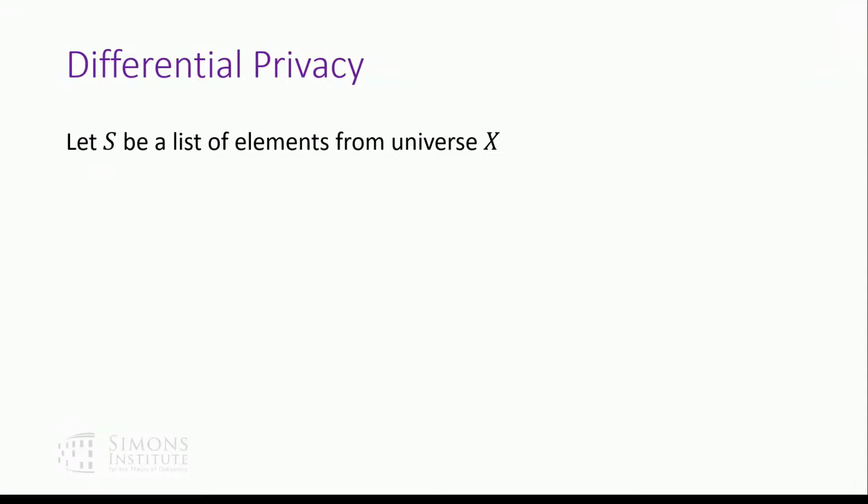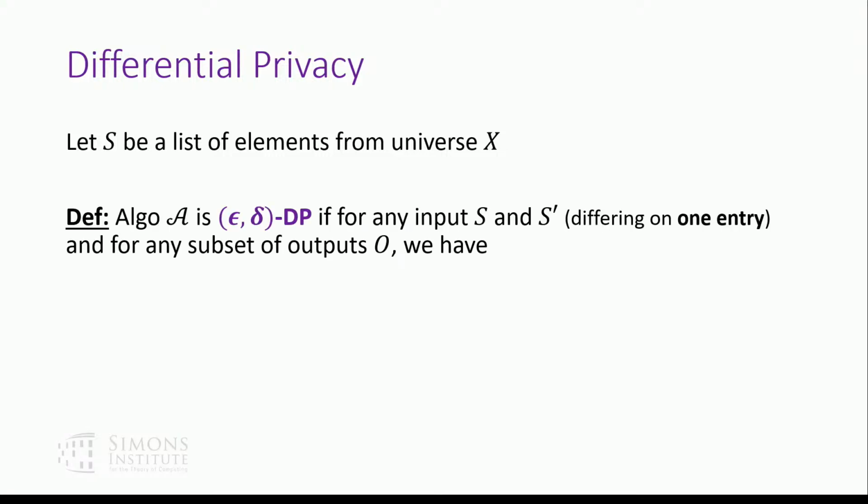Let's say that you have a set S, which is a list of elements from universe X. We're going to say that an algorithm is epsilon-delta differentially private, or epsilon-delta DP, if for any input S and S prime differing on one entry. What differing on one entry means depends on your application.